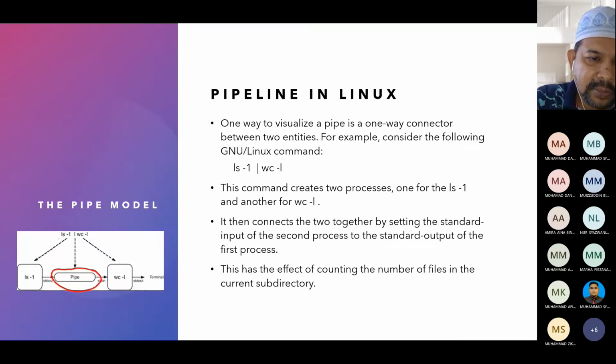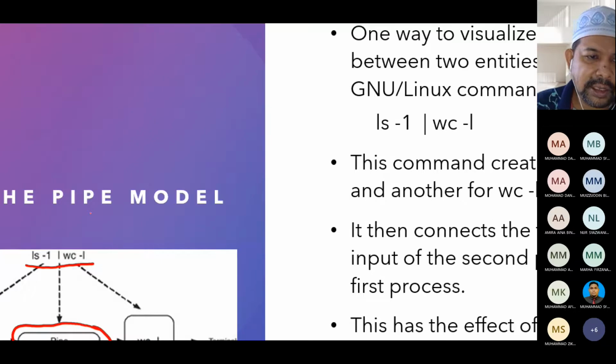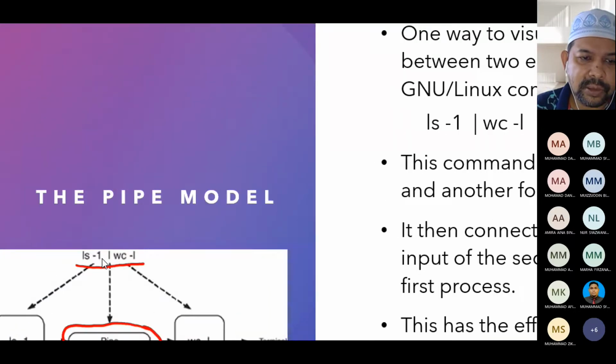Okay, so kita tulis command dia, ls minus 1. Okay, and then ada satu simbol kat sini, batang. There is a pipe symbol. Nampak kan?